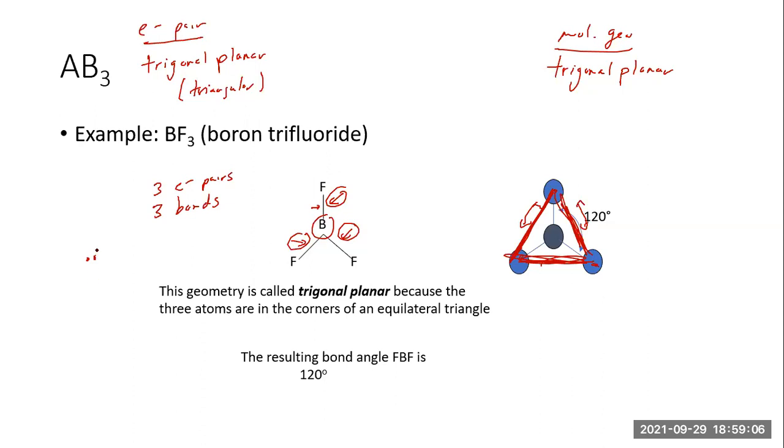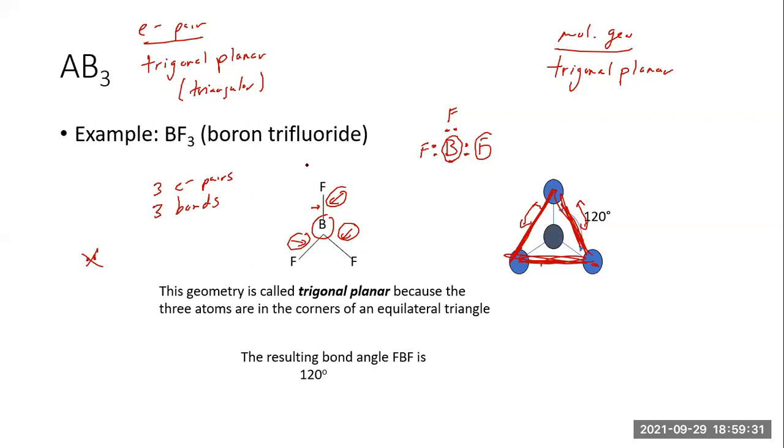If you drew this with dots, the bonding electrons are these ones here. What distinguishes them as bonding is that I see an element there and an element there on opposite sides of the electrons. So what determines the degree?